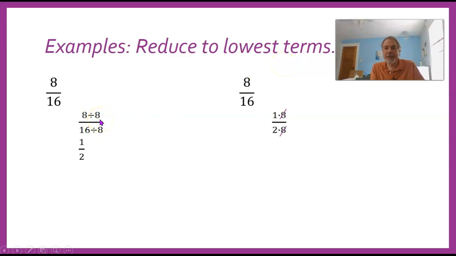When you cancel out a factor, you divide it away so it's not there anymore. Then what remains after we cancel those common factors is 1 over 2, 1/2. So this is the strategy that we're going to use when we're dealing with rational expressions. We're going to factor the numerator and the denominator, and then we're going to look and see if there are any common factors that we can cancel out.